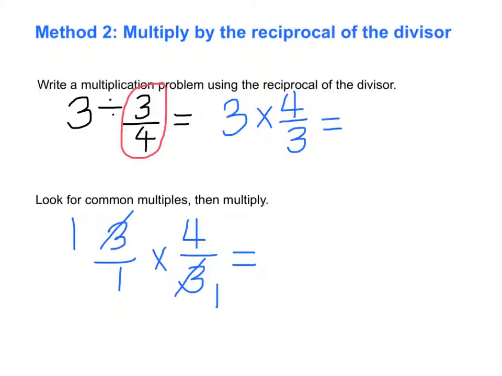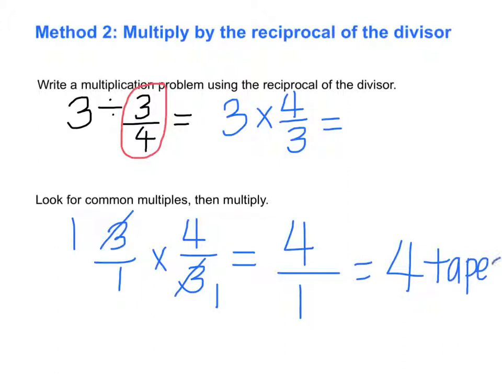Now we can multiply across the numerators. 4 times 1 equals 4. And 1 times 1 equals? 1. 4/1 is the same as what? 4. So how many tapes does Hannah's family have? 4. Good. 4 tapes.